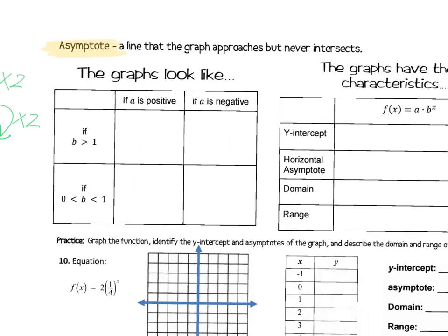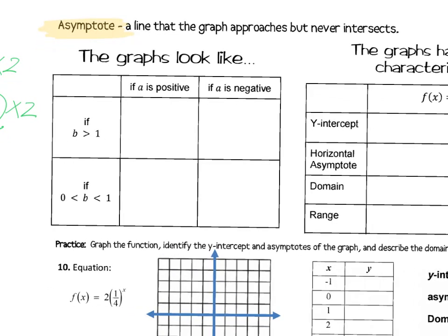Okay. So graphs of exponentials. We've kind of looked at what graphs look like, and I showed you a little graph on the first page. So if a is positive, and if b is greater than 1, if your common ratio is greater than 1, you're going to have a graph that looks like this. So it's stretching out both ways, and it's getting closer to both axes.